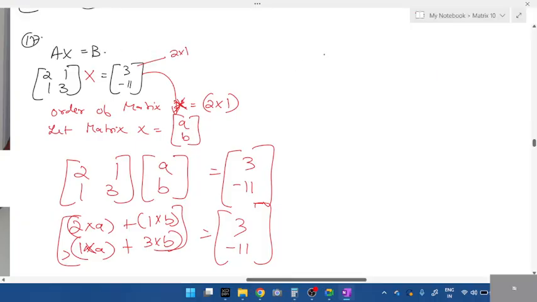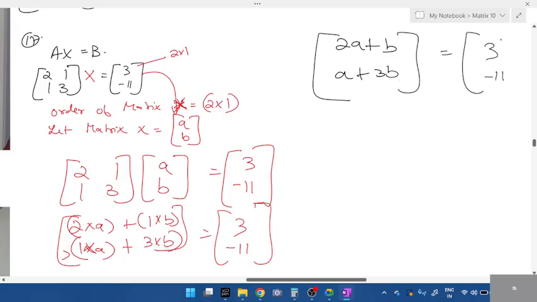All of you have completed? How long, students? Done? So what do you all get? 2a plus b and a plus 3b, minus 7. Same equation question.